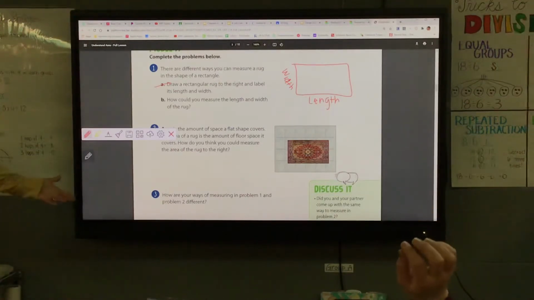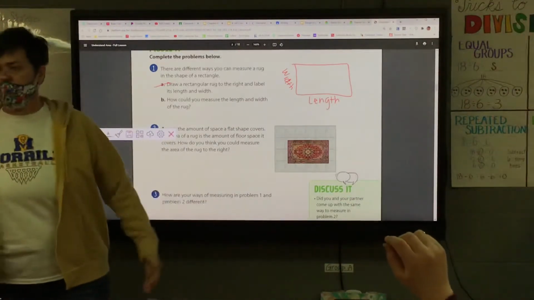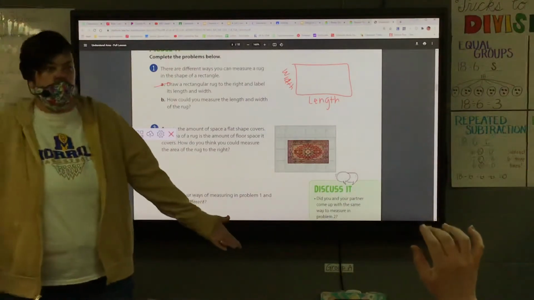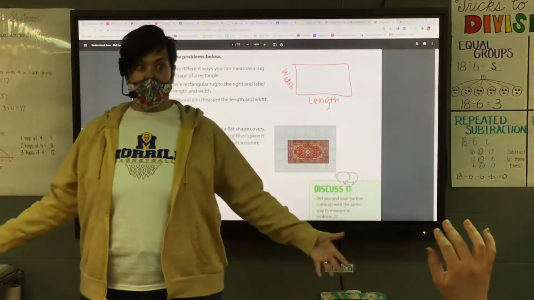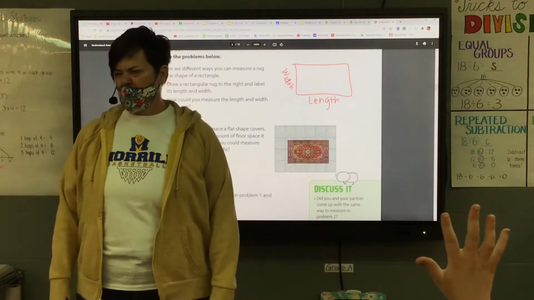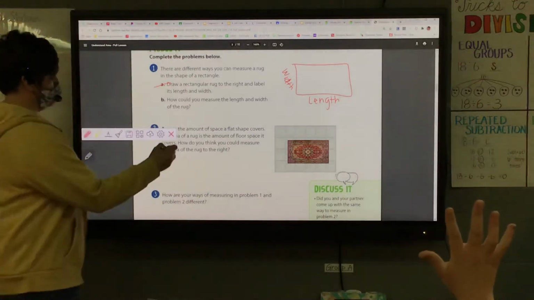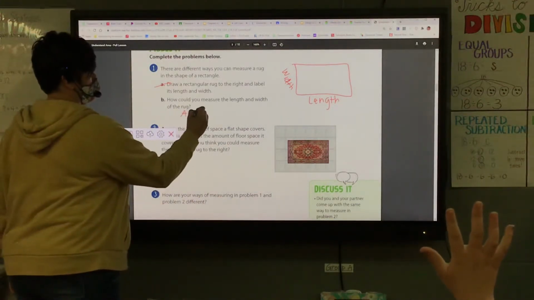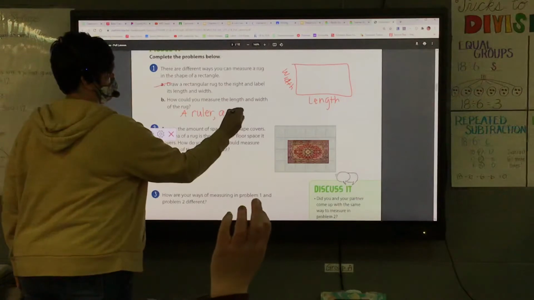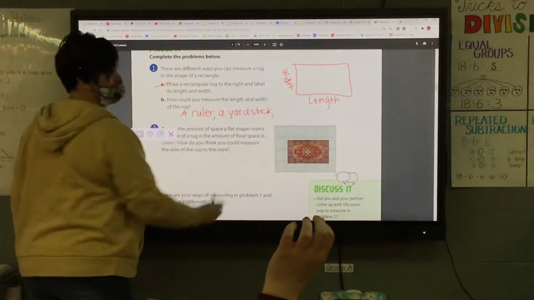What would you use to measure, like if we had to measure this rug, what would you use to measure it? Amy? A ruler. Yeah, a ruler. What if it was a real rug on the floor that we needed to measure? Would we want to use a ruler for a rug? What else could we use? Lucas? A yardstick. Haley?